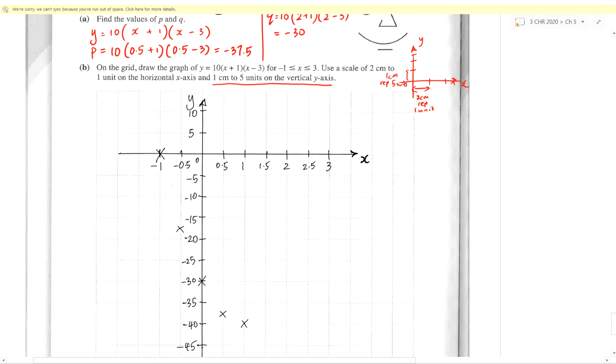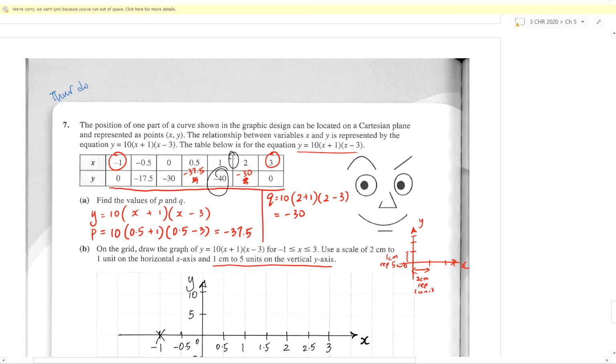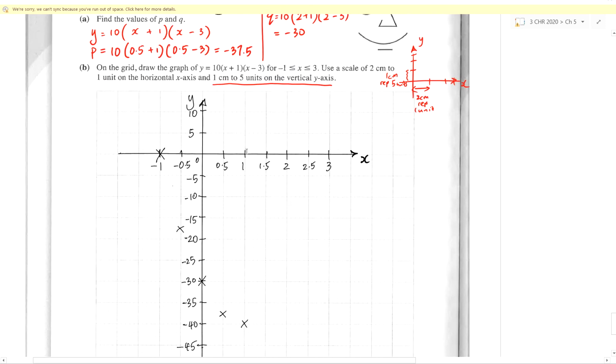Then instead of the x value of 1.5, look, there isn't a 1.5 over here, they jump to x equals 2. So when x equals 2, the y value is negative 30. Next, when x is equal to 3, y value is 0.